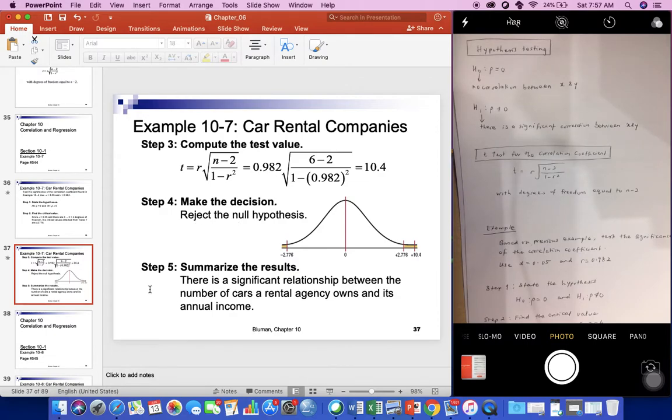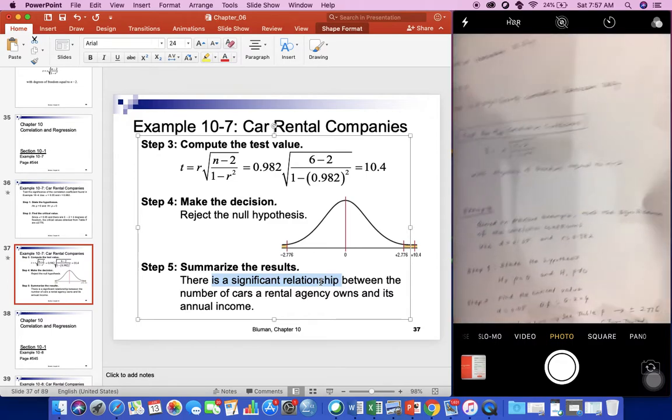And then the last step is: there is a significant relationship between the number of cars a rental agency owns and its annual income. The most important thing in step 5 is that you must show there is a significant relationship.